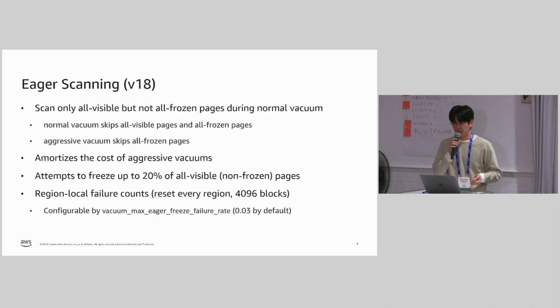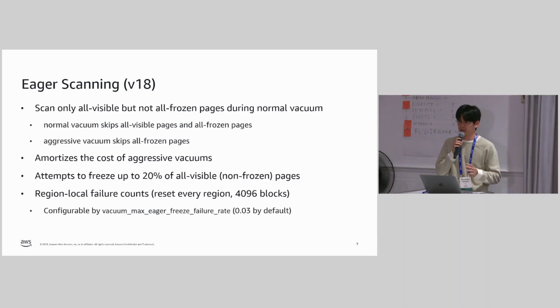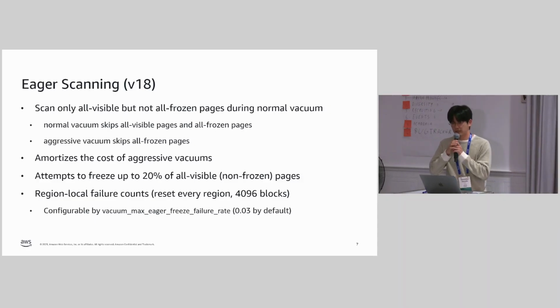But typically, the aggressive vacuum is triggered after the table's age reaches 200 million transaction IDs. So one problem was that in the situation where we need an aggressive vacuum on a particular table, there are rarely any all-frozen pages at that time, resulting in the aggressive vacuum taking a very long time.